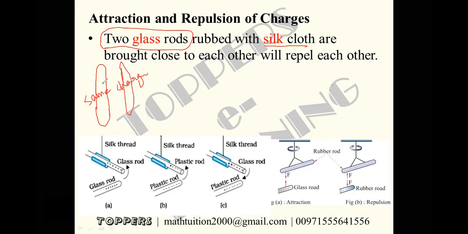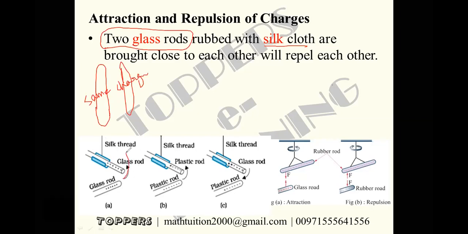So these objects are getting same charges. See, we have a glass rod here. One glass rod is now suspended with a silk thread for the experiment purpose. This glass rod and this glass rod we have rubbed with silk cloth. So what happened? Both have got same charges. When you bring one of the glass rods near this freely suspended glass rod, what is happening?